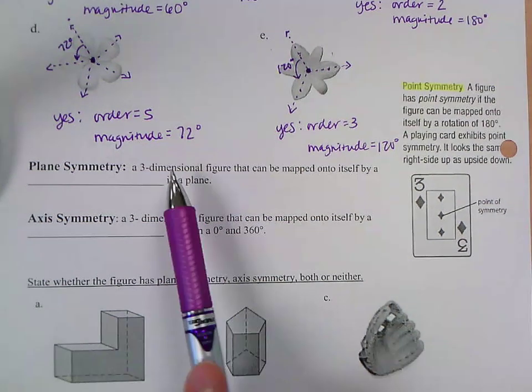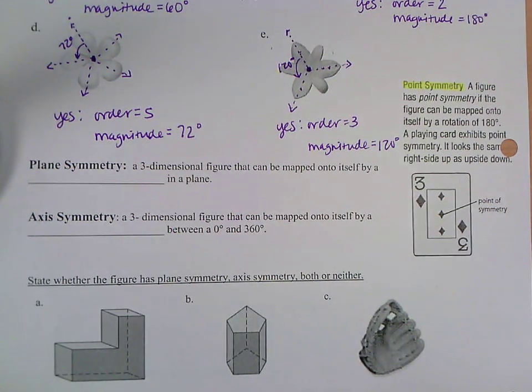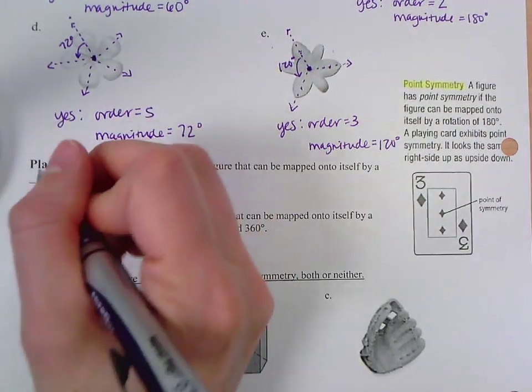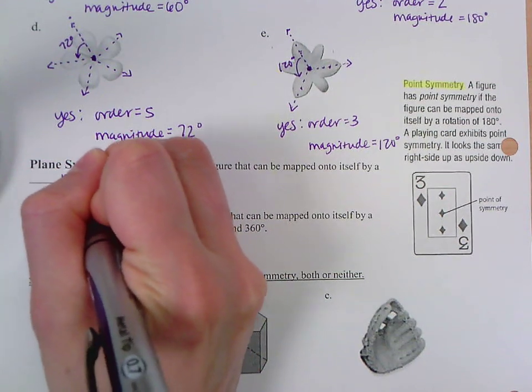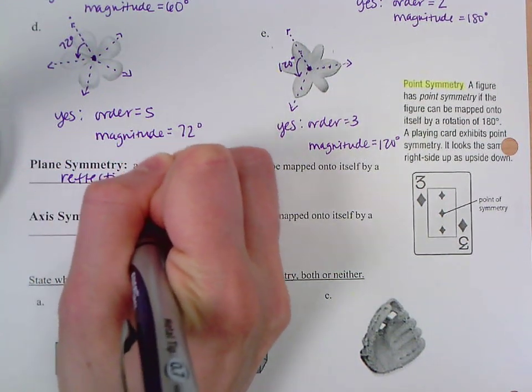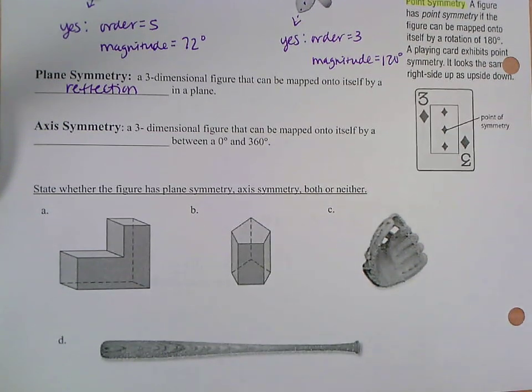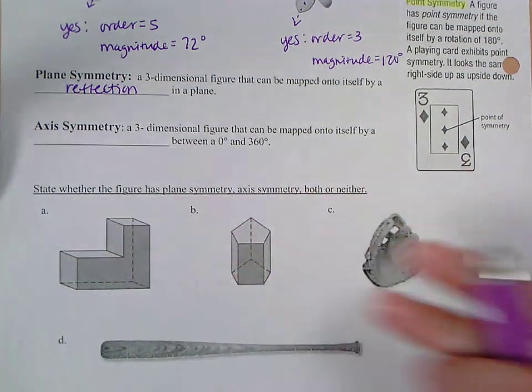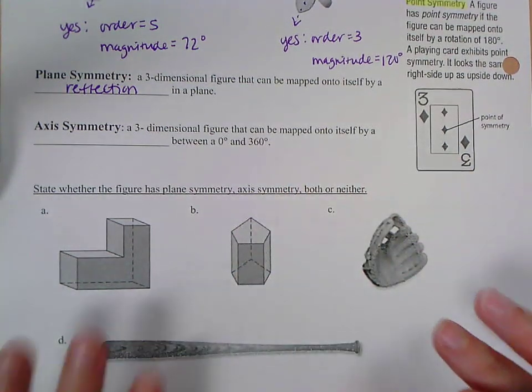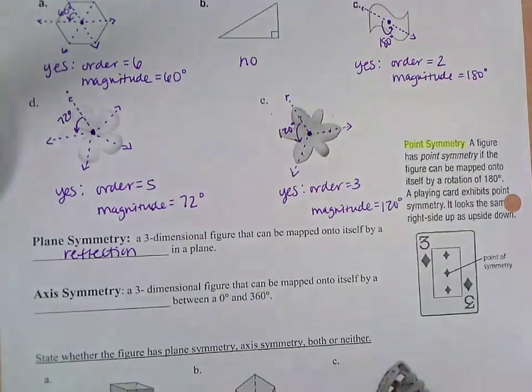So a 3-dimensional figure has plane symmetry if it's mapped onto itself by a reflection in a plane. This is different from line symmetry and rotational symmetry because you're working with 3-dimensional objects and not just the 2-dimensional figures we were looking at here.